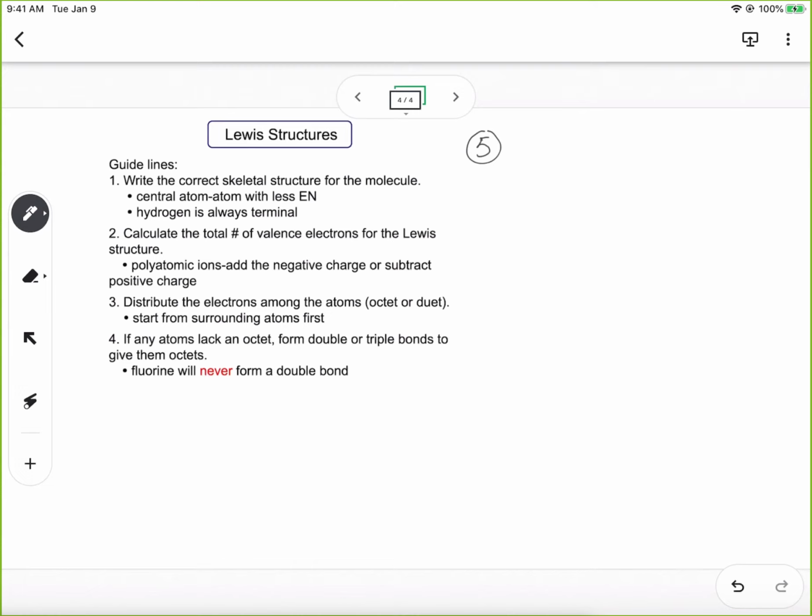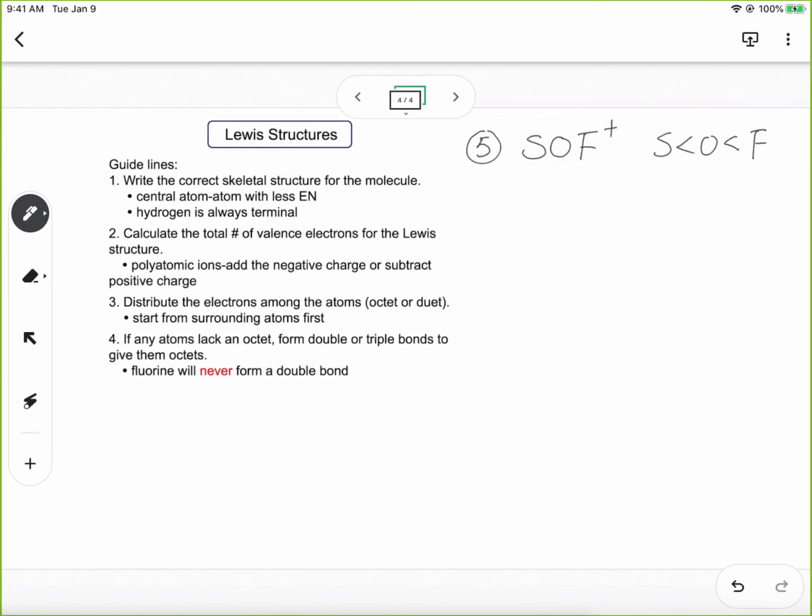Number 5 is SOF plus. Well, this is a cation, and it also has 3 elements. If you happen to remember the electronegativity trend, if you rank the electronegativity of those 3 elements in increasing order, that will be S, less than oxygen, less than fluorine.